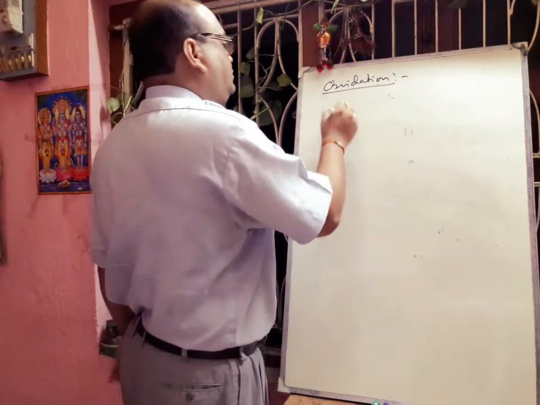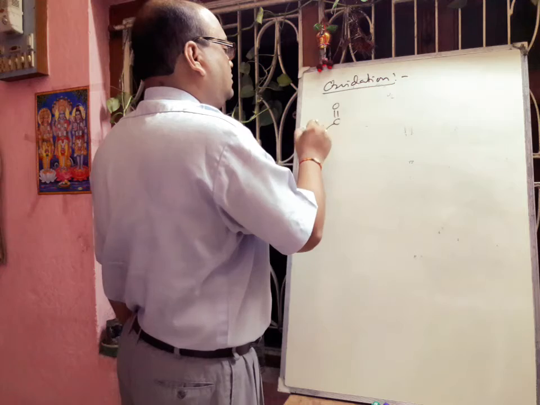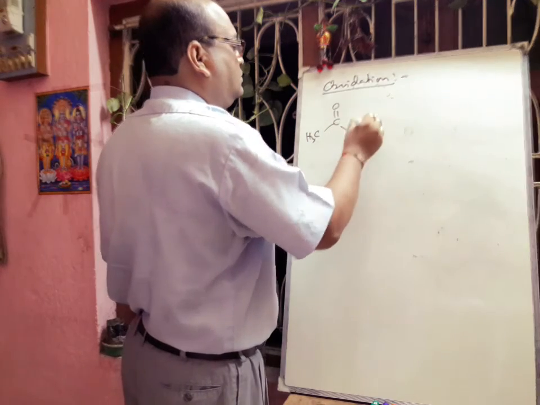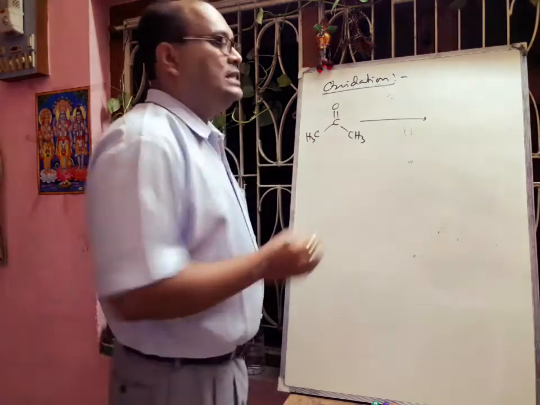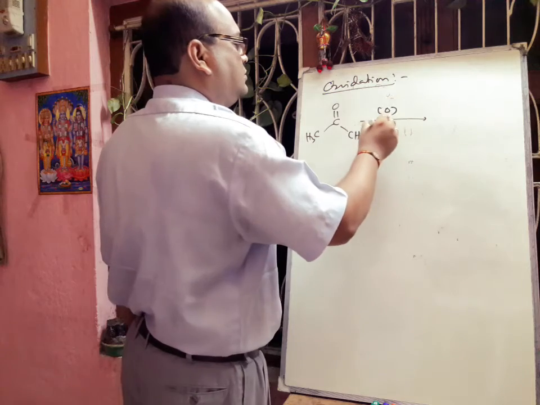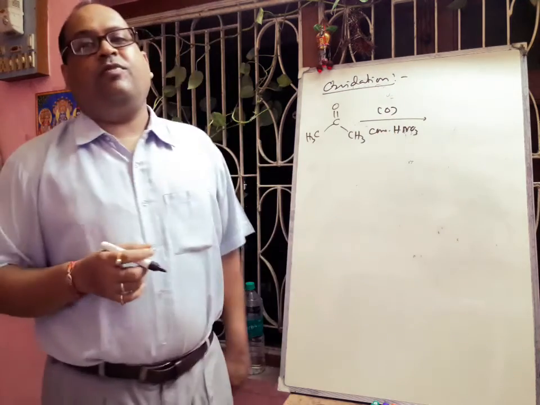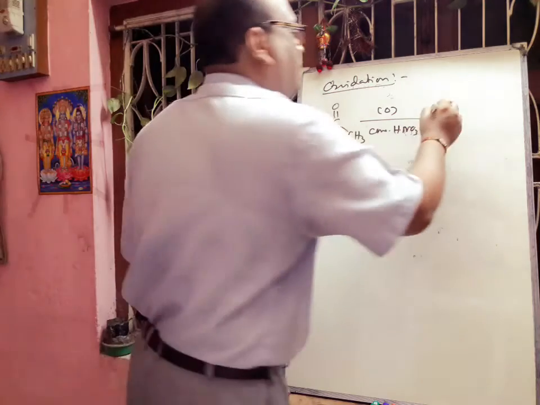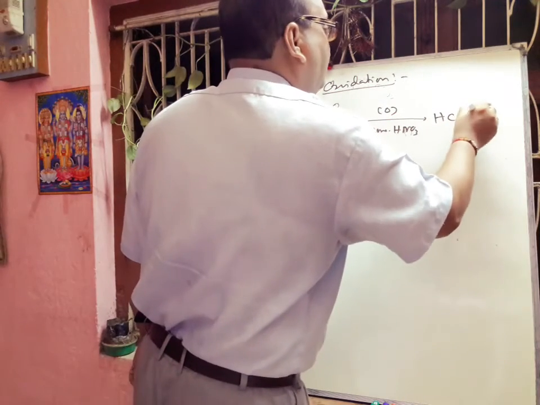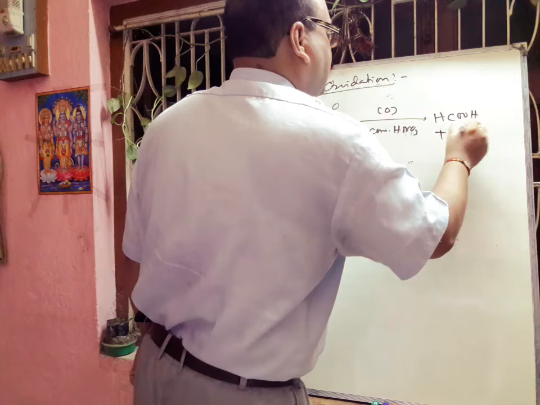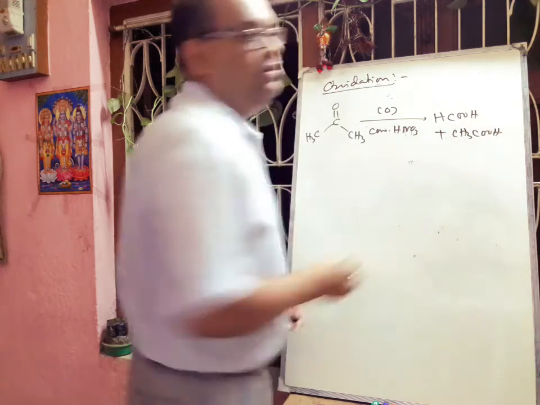If we take acetone, then we have to add concentrated nitric acid for oxidation. Here this carbon-carbon bond will break and there will be formation of formic acid plus acetic acid. Two acids will be formed.